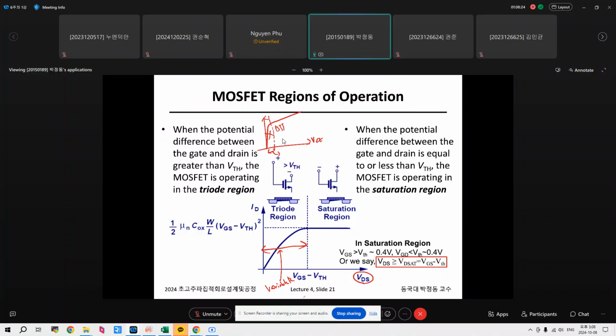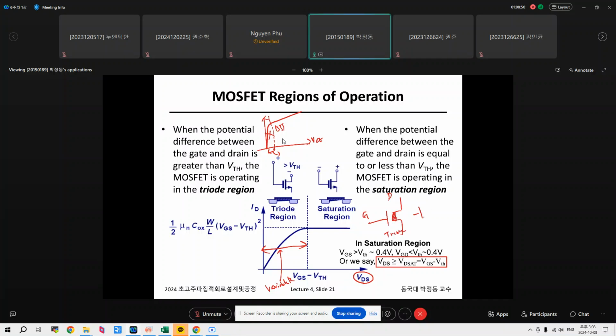Okay, so how can we differentiate between triode and saturation? If there exists a channel between gate and drain, like this, then this is triode.